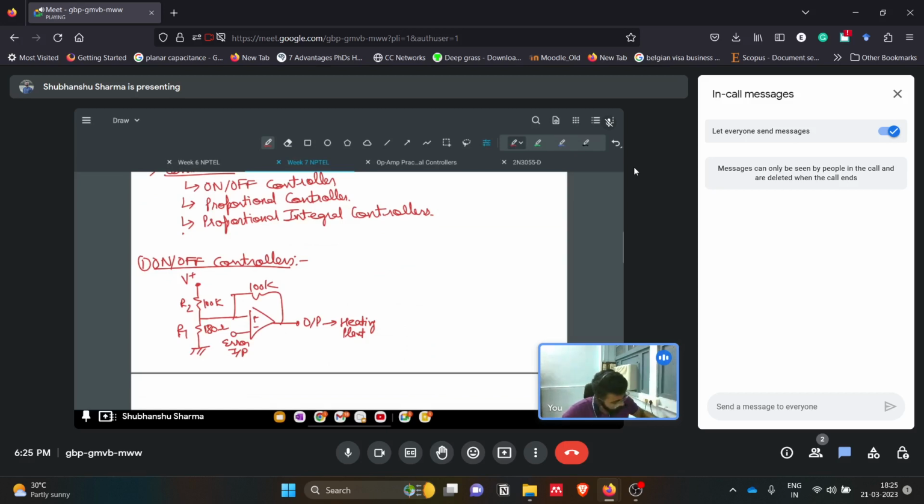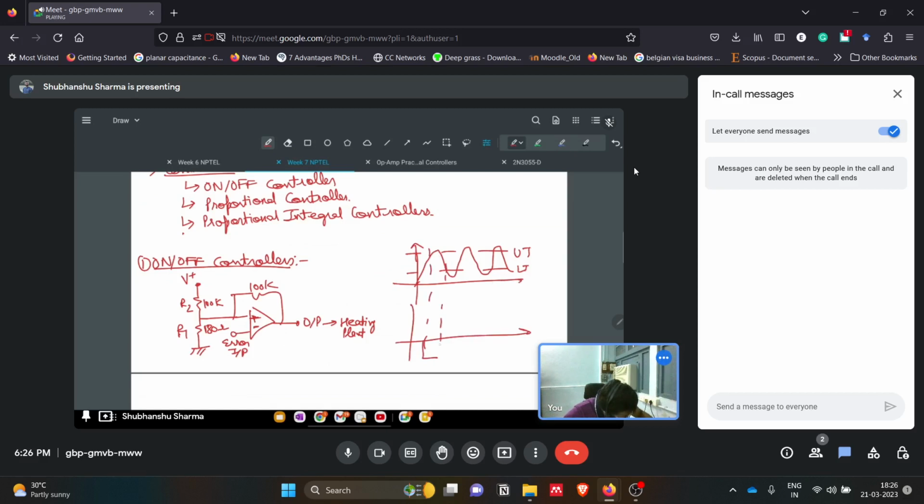So what is happening? This is basically an inverting Schmitt trigger. Based on the threshold limits, the upper threshold and the lower threshold, the input is changing like this. Once it reaches the upper threshold, the output will go down.